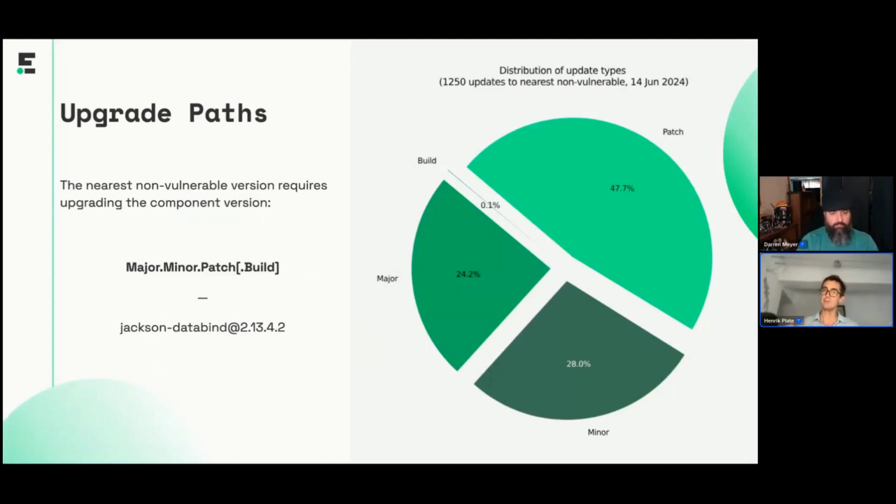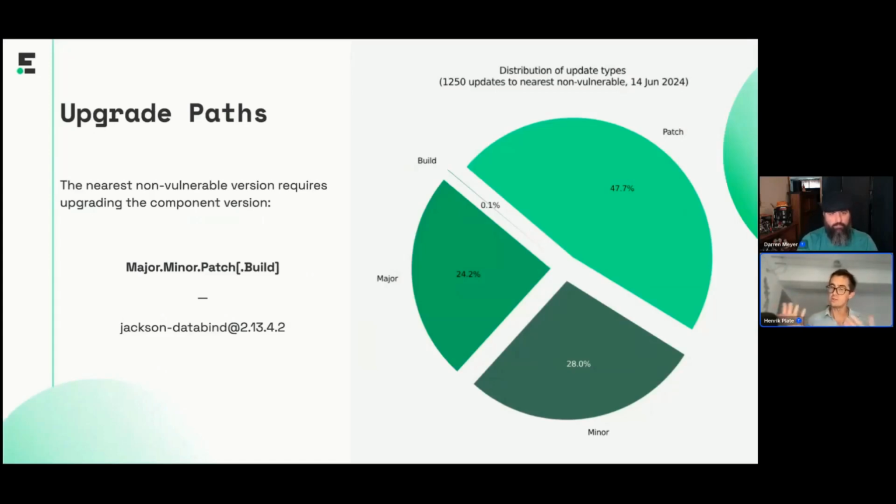Update path means we looked at all the vulnerable versions that exist for those 15 components and which have been produced since, I think, 2017 or so. So we imagine a developer would be on such a version. And then for every such version produced in this time frame, we would look at how they come to a non-vulnerable version. What would they need to change?